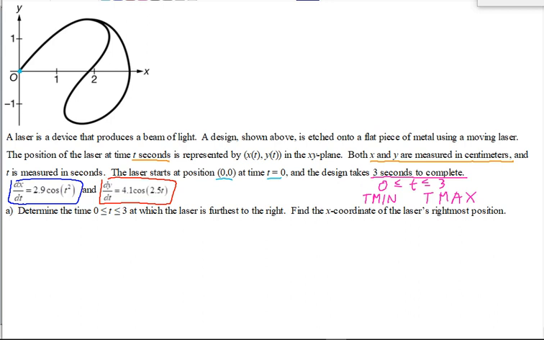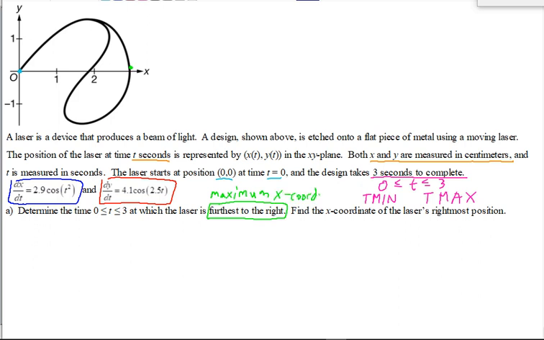And part A says determine the time, 0 to 3, notice, at which the laser is furthest to the right. So furthest to the right, you can see, looks like it's somewhere over here. And that's just another way of saying the maximum x-coordinate is what we're looking for.